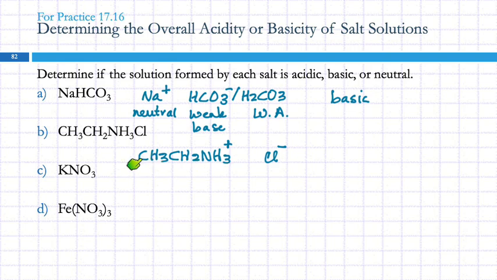Could I write a conjugate for this? Could I add or remove a hydrogen? I could. I could remove a hydrogen from that. We've got that nitrogen here. This is like ammonia. Ammonia is a weak base, so this is a weak acid.